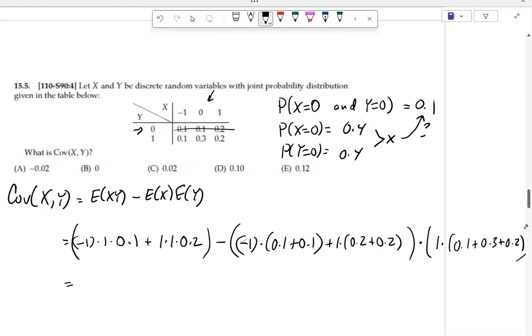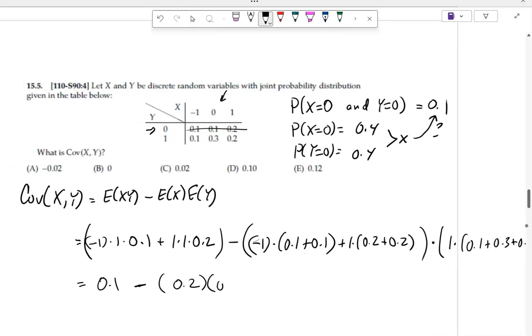What do we get? We get 0.2 minus 0.1. So I got a 0.1 there. This is minus 0.2 plus 0.4. So I get a 0.2. This is 0.6.